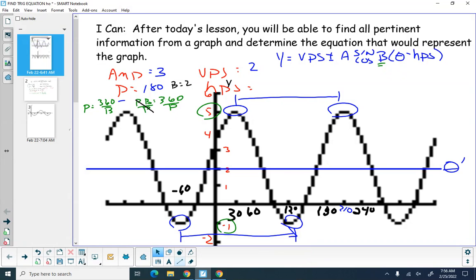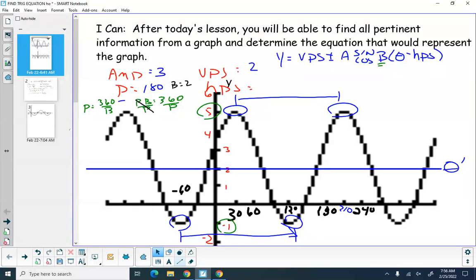Now, the horizontal phase shift. When dealing with these problems and you're determining an equation, there will be an infinite number of solutions, depending on what you choose your horizontal phase shift to be.